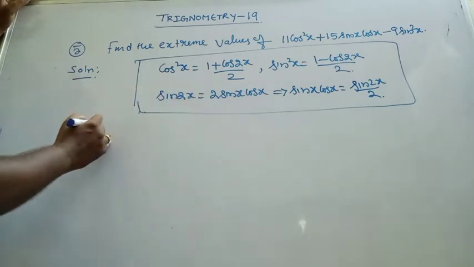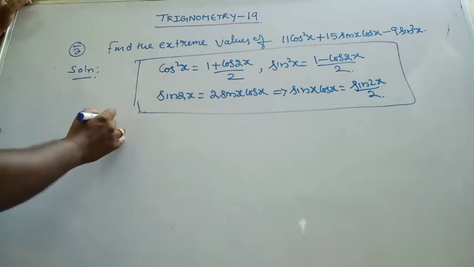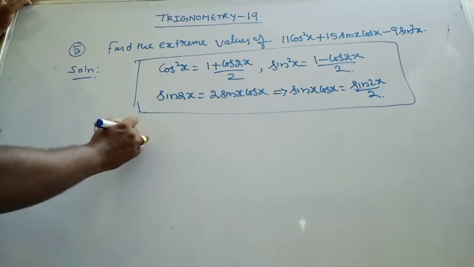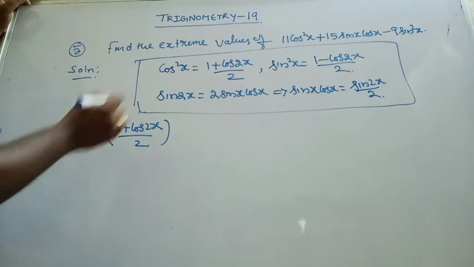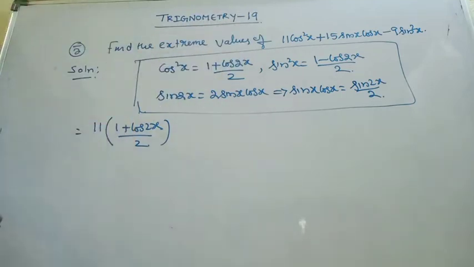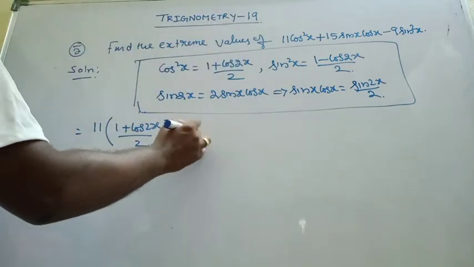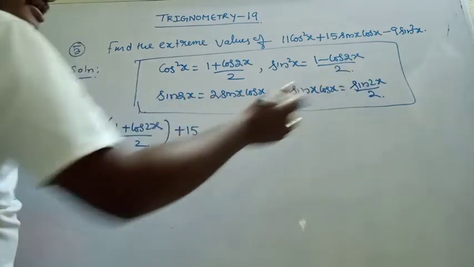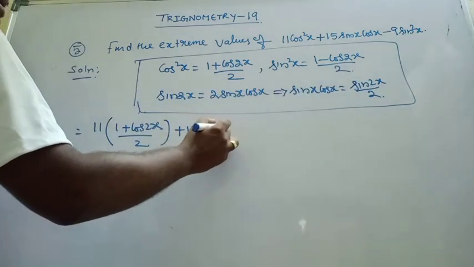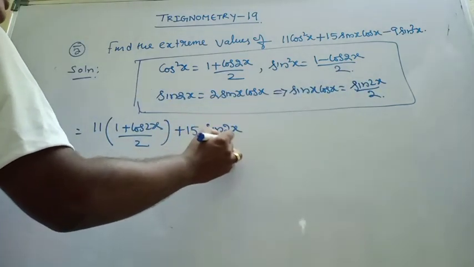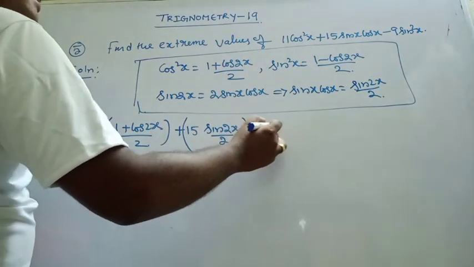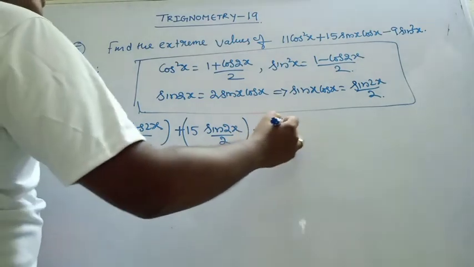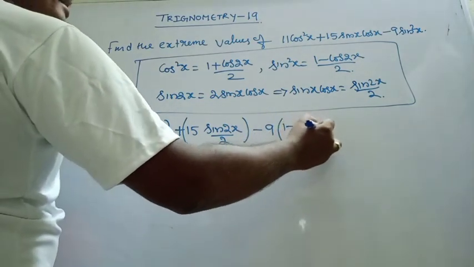Now our problem is 11 cos square x. For cos square x I can use (1 plus cos 2x) by 2, plus 15 sin x cos x. Sin x cos x is sin 2x by 2, minus 9 into sin square x, that is nothing but (1 minus cos 2x) by 2.